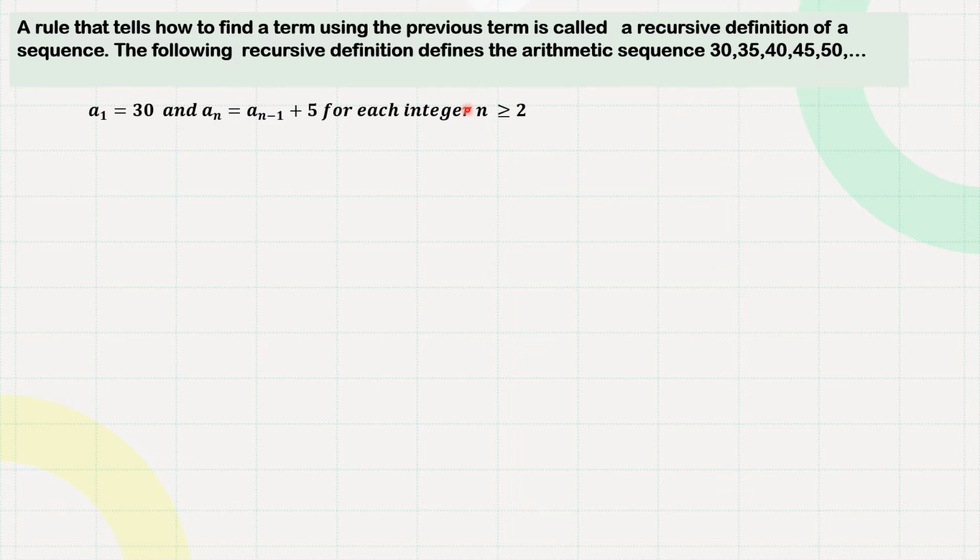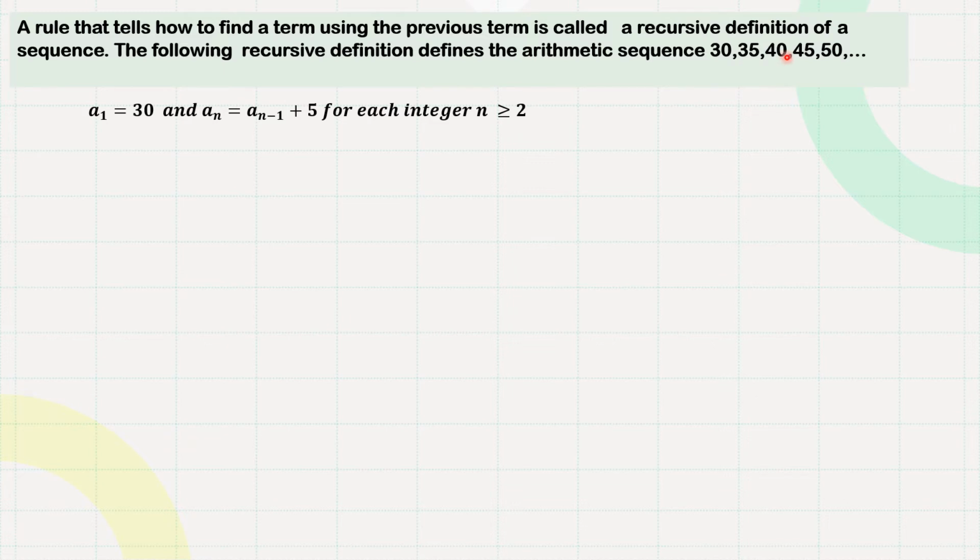Meaning, to find the second term, n is 2, so n minus 1 is 1, which is a sub 1, the previous term. Previous term plus 5 is the second term.